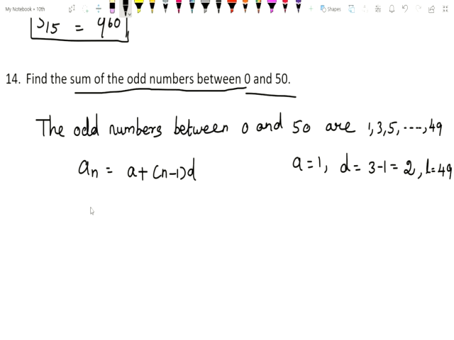Okay, so that L equal to a plus n minus 1 into d. So an represents L. Okay, so the last term is 49. Here you substitute: 49 equal to a 1 plus n minus 1 into d value 2.